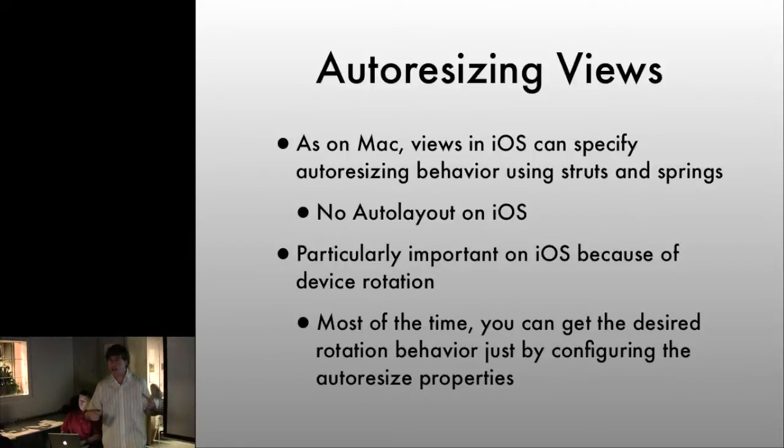If you want your application to be able to be viewed in whatever orientation the user wants, then if you don't specify any auto resizing properties, if you just use the defaults, it will just remain anchored wherever you put it. So you want to specify some auto resize behavior, so that when the rotation changes and you allow it, the views that you put inside of your main view will automatically resize themselves and rearrange themselves so that they fit into this new, differently sized view.